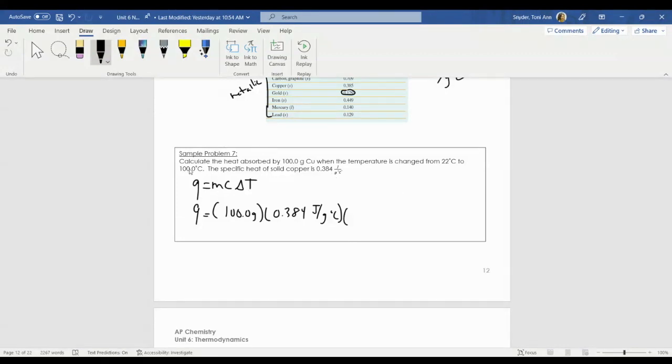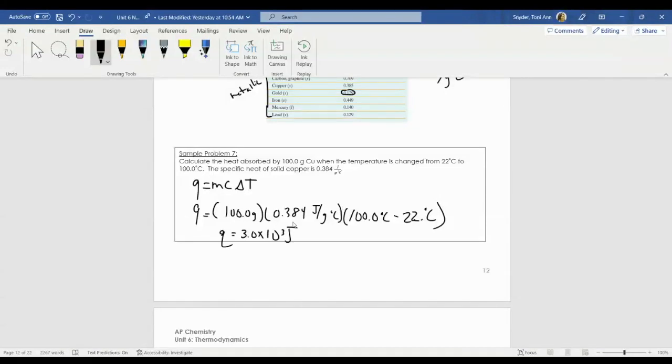So the final temperature was 100 degrees Celsius, and my initial is 22. So my Q in this case should be 3.0 times 10 to the third joules.